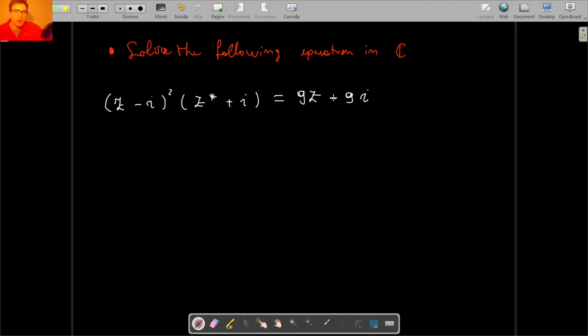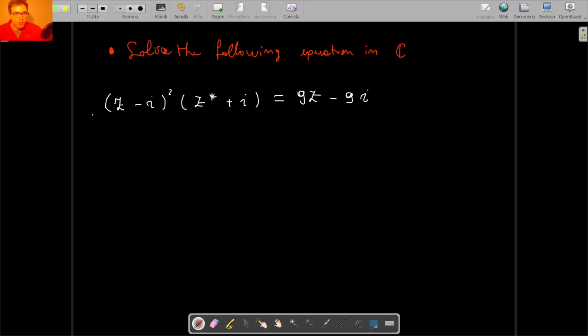The most convenient thing to do is to take the right hand side of the equation and put it on the left hand side, basically because we have this z minus i which appears both here and here.